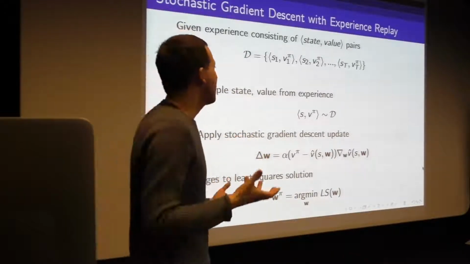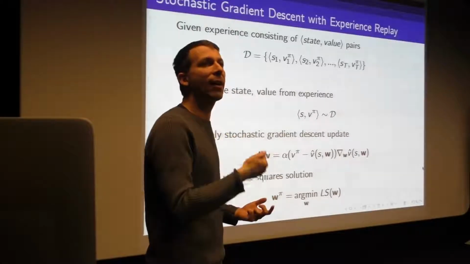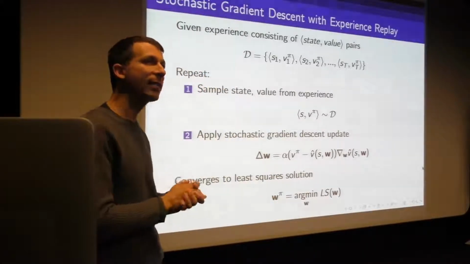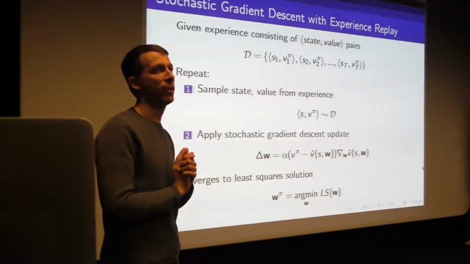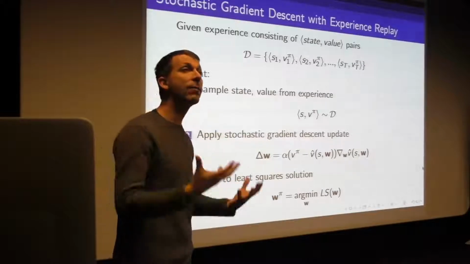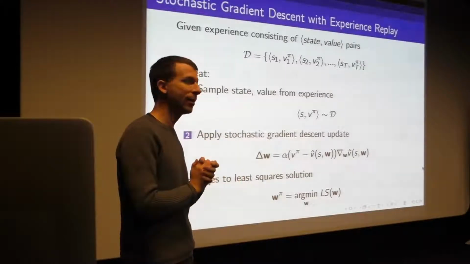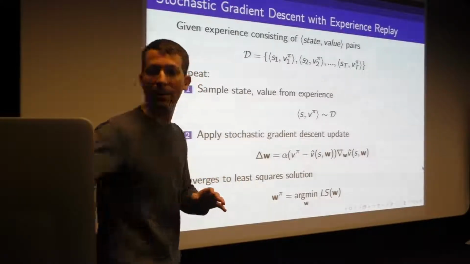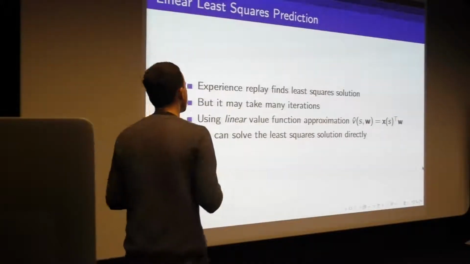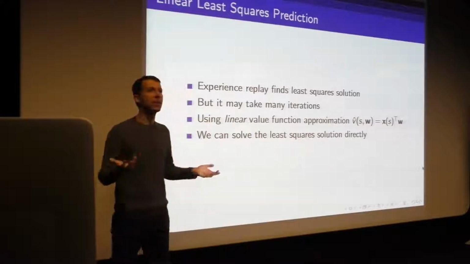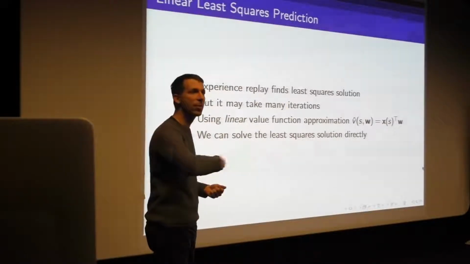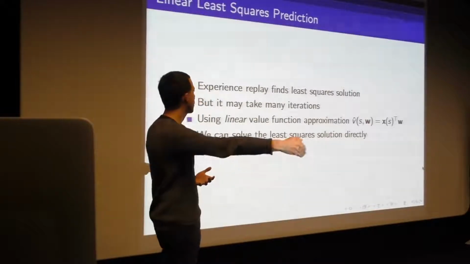But are there methods where we can jump directly to the least squares solution? And the answer is yes, for the special case of linear function approximation. In the remaining few minutes, I just want to give you a flavor of what that looks like. So why should we care about this? We have this method of experience replay. It's very effective. It's incremental. You can do as much replay as you want, and you get closer and closer to the solution.